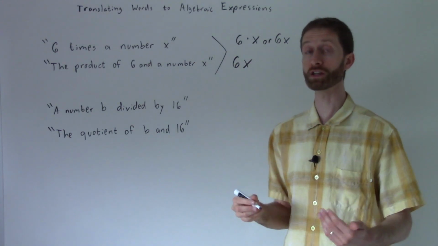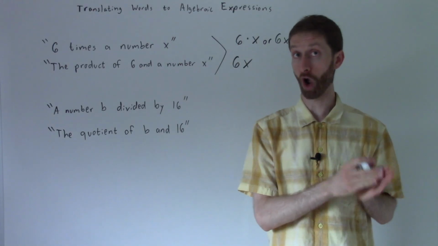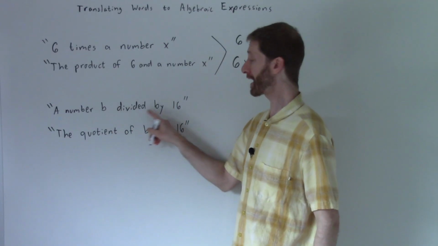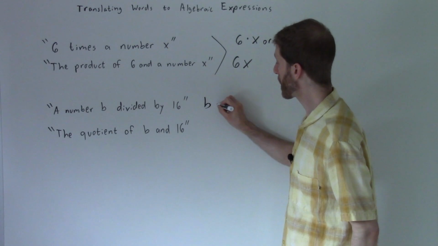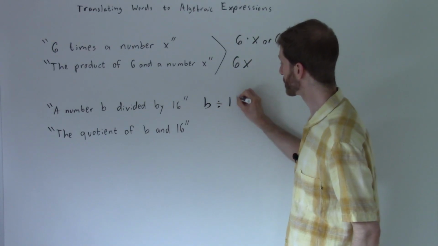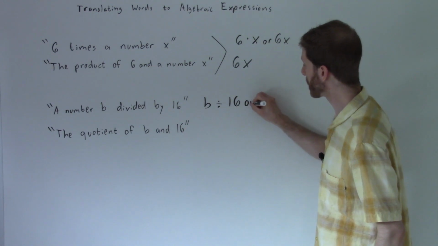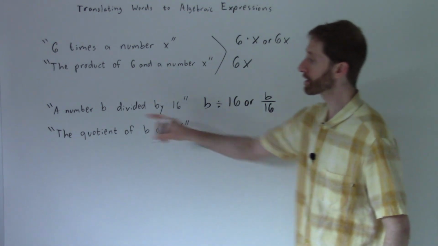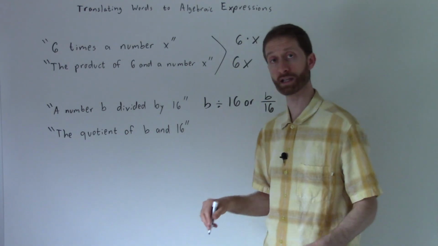Now with division, just like with subtraction, the order matters in which we write out our translation. So this says a number B divided by 16. We're going to take a number B and divide by 16. A perfectly simple translation. That can also be written as B over 16. This expression here says the quotient of B and 16.